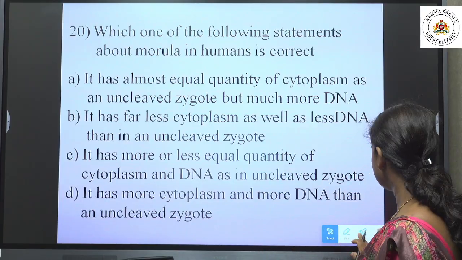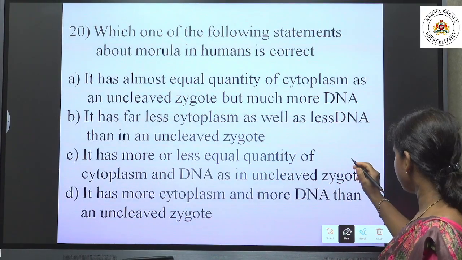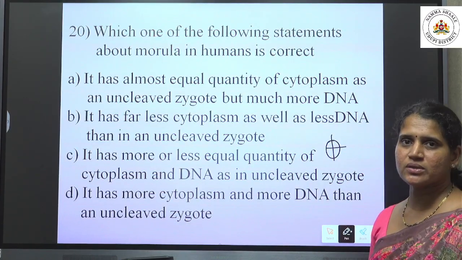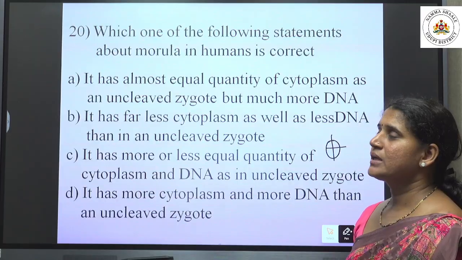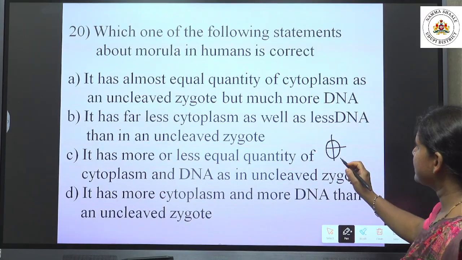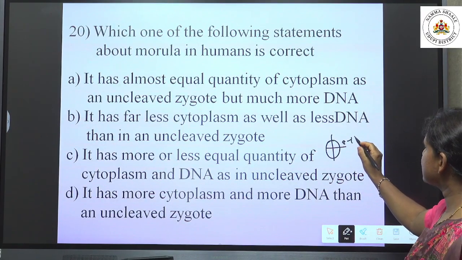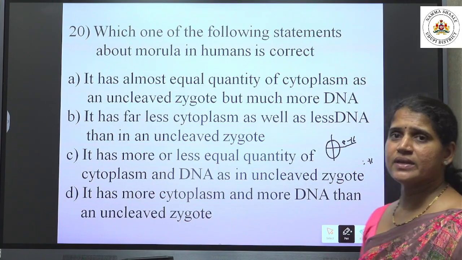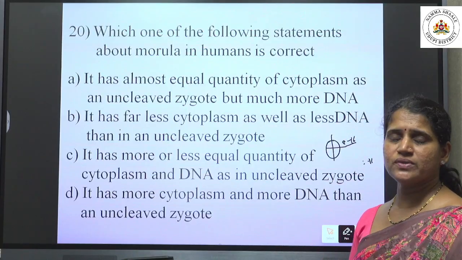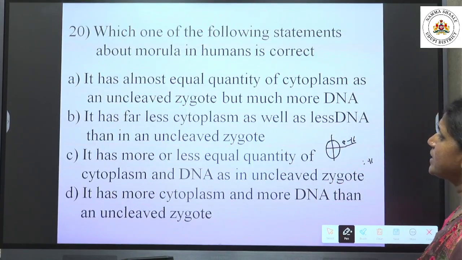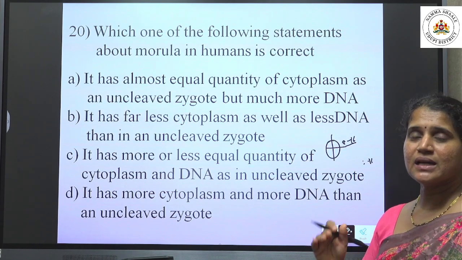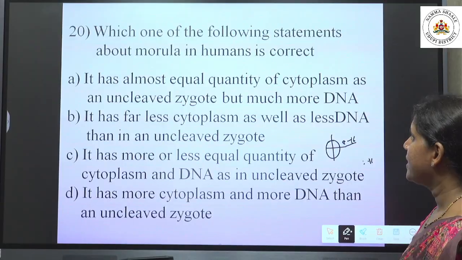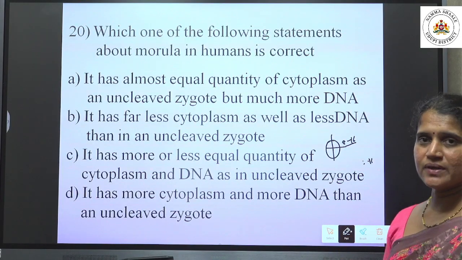Immediately after fertilization, the zygote undergoes repeated mitotic division, called cleavage. During this cleavage, the 8 to 16 cell stage is called the morula. During the division, the amount of cytoplasm remains the same, but the amount of DNA duplicates. So that is the difference between uncleaved and cleaved.